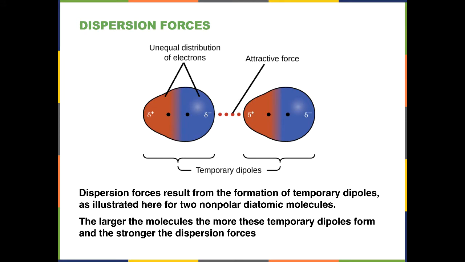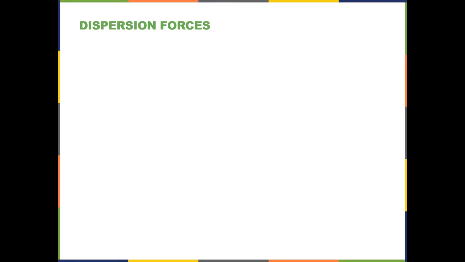The larger the molecules are, the more these temporary dipoles occur, and therefore, the stronger the dispersion forces. Make sure you remember that, because when you're comparing the boiling point of, say, several nonpolar molecules, the differences in boiling point can many times be the differences in the size of the molecules.